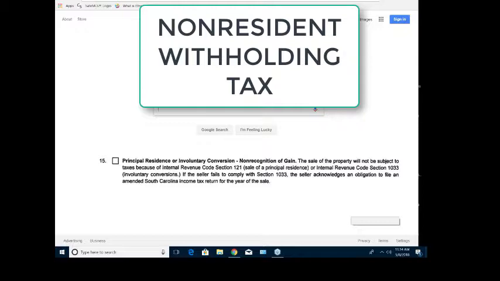I lived here 2 out of the last 5 years, so I don't owe federal tax, therefore I don't owe state tax. So I could have already moved away, not be technically a South Carolina resident anymore because I've moved, but I owned this property 3 years ago for 2 years. So I can check number 15, and I'm exempt, and therefore nobody has to worry about withholding any funds.